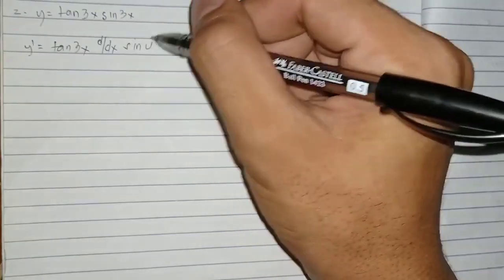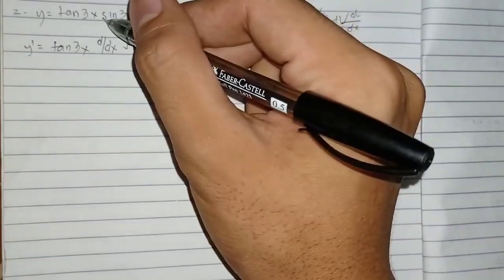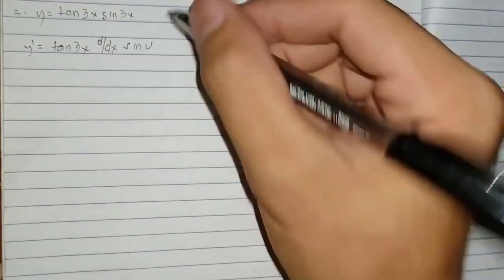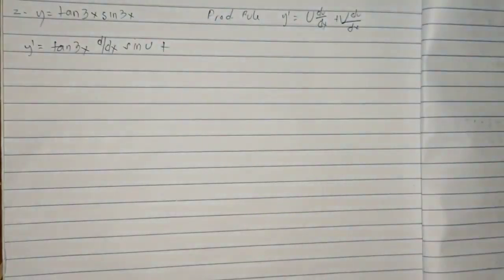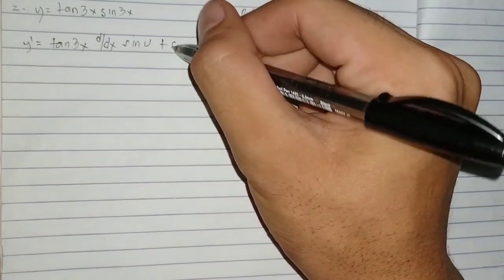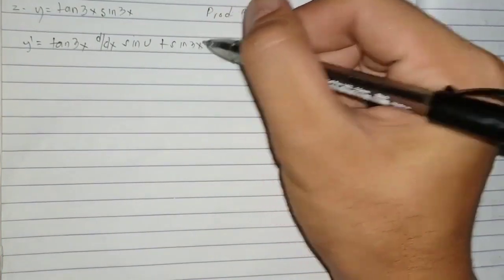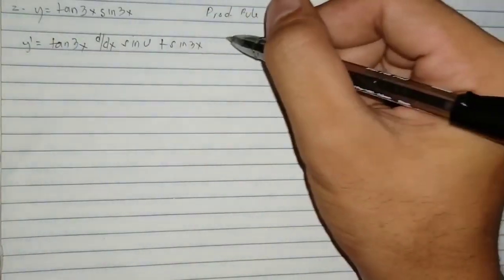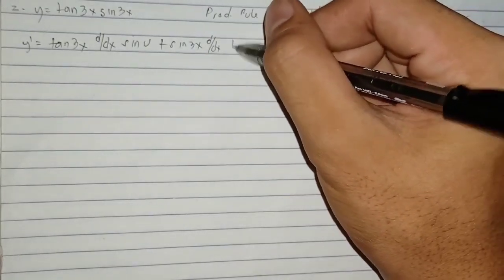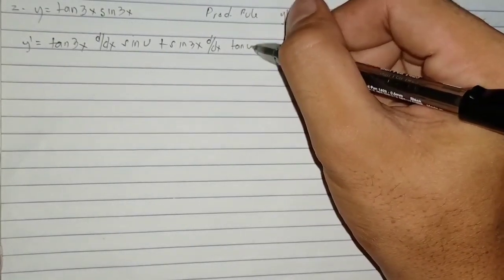Because this u stands as the function inside our sine function. So that's why we put u in that. So plus our v, which is the second function, or sine 3x, times the derivative of our u, or the first function, or we can write that as tangent u.